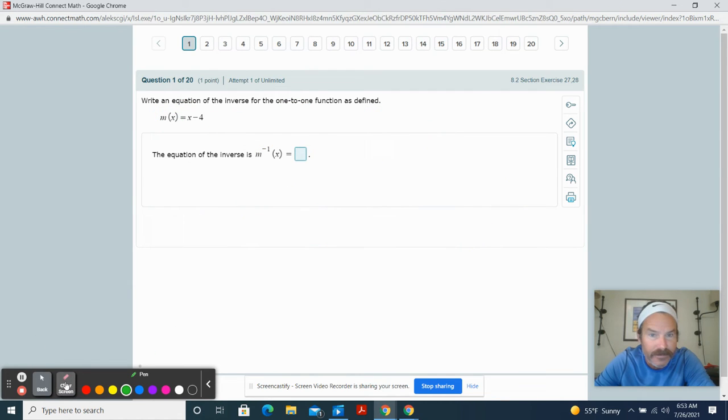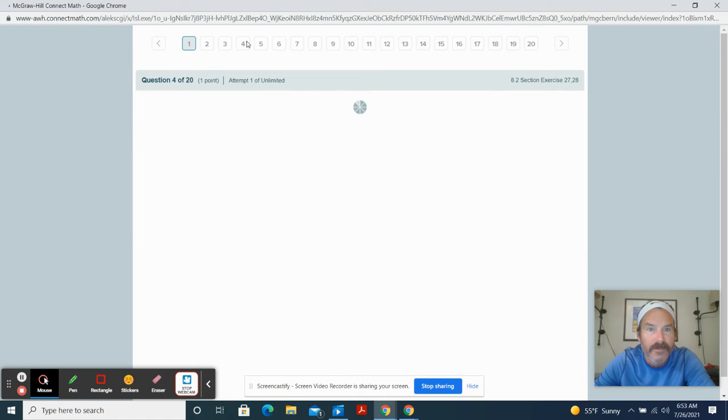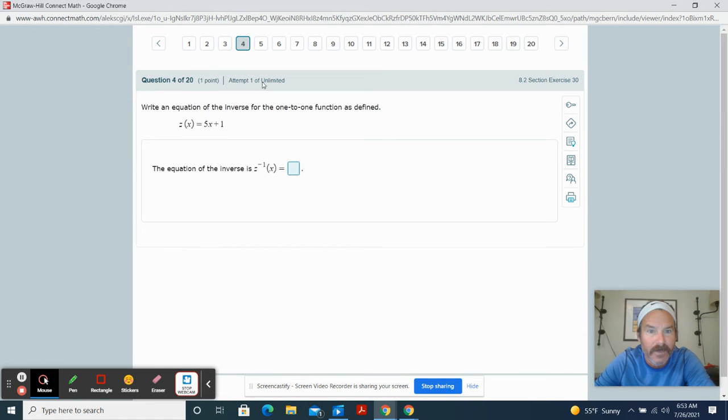Let's try another one. First step, switch the x's and the y's. If you don't see a y, this right here is equal to y. So if we switch the x's and the y's, that's x equals 5y plus 1.